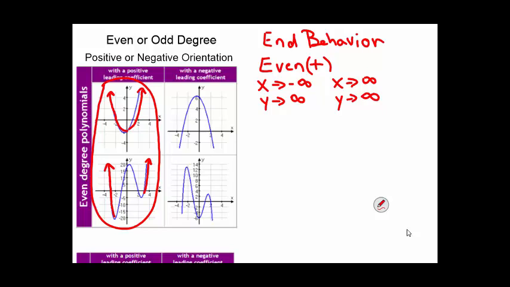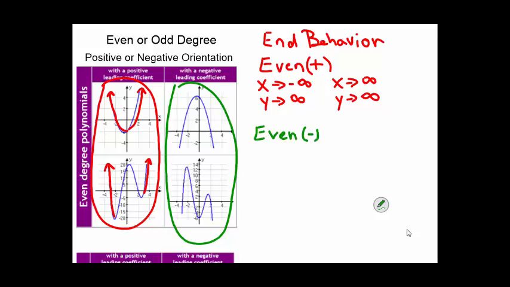So now let's take a look at these two guys. Switch colors to make it easier. These two guys right here. So these are even degrees, but they have a negative orientation. So notice as x goes to negative infinity, y is going to negative infinity. Same thing right here. So we would say as x goes to negative infinity, y goes to negative infinity.